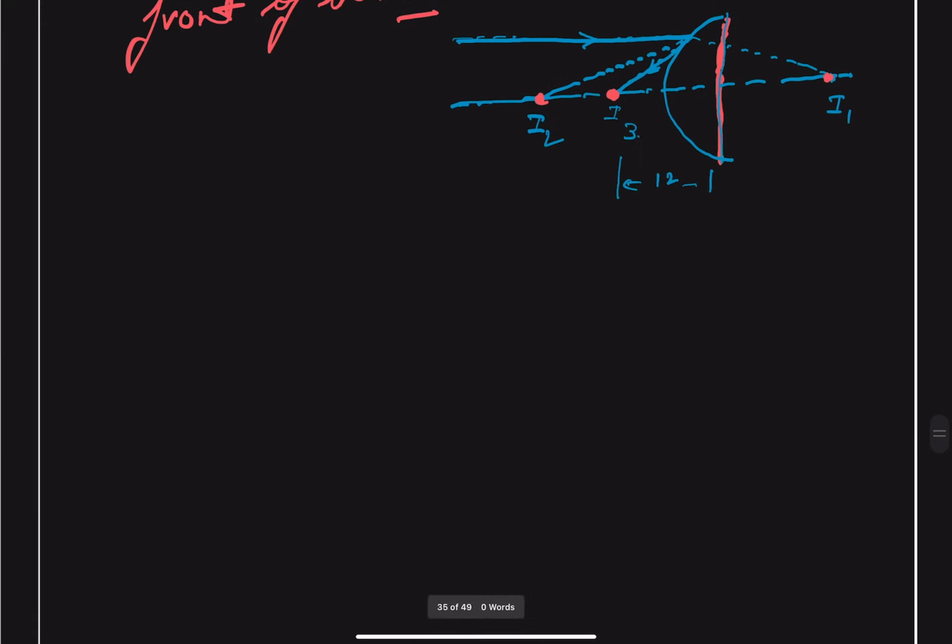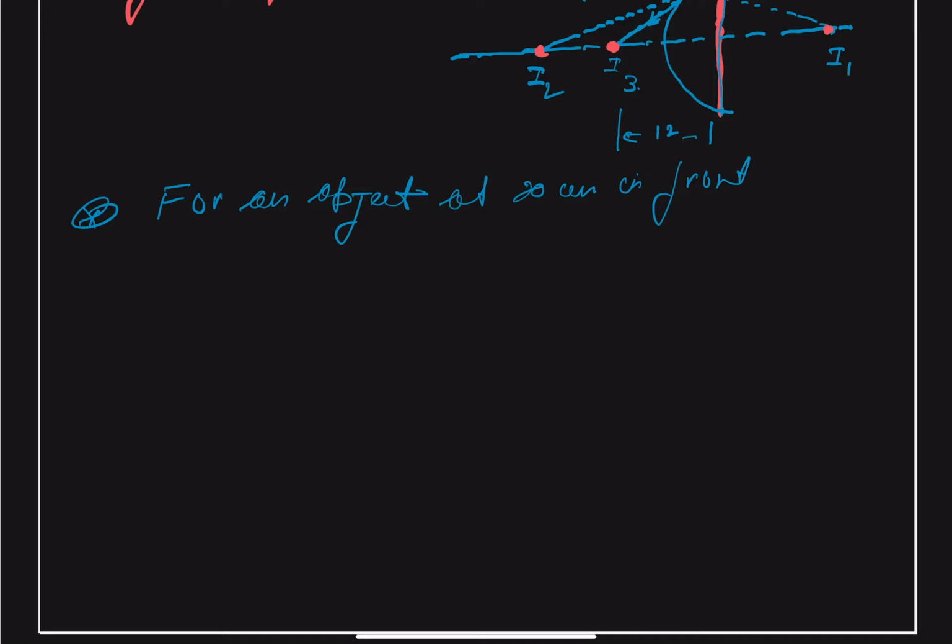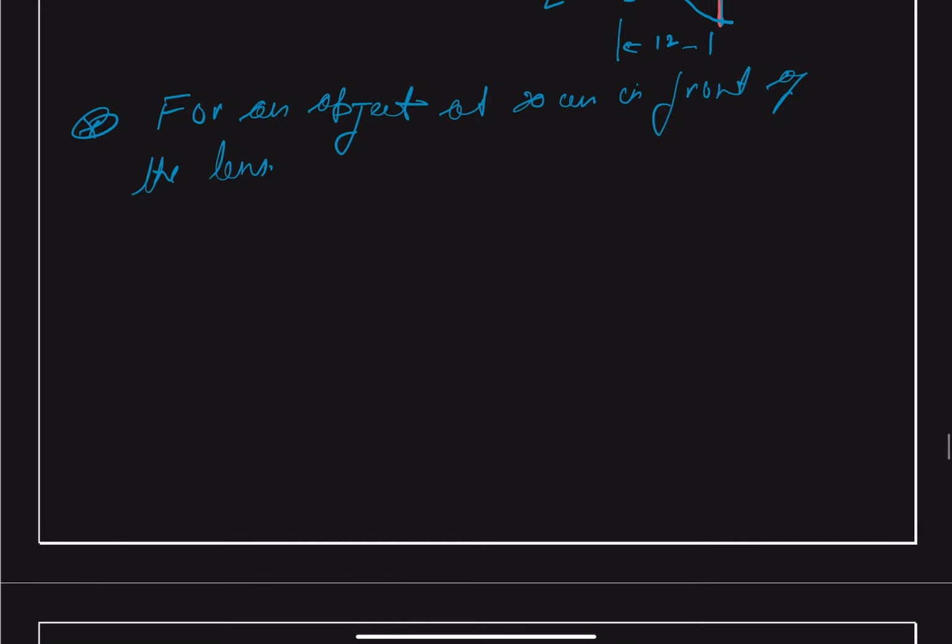So now we come to the next part, which states that for an object at 20 centimeter in front of the lens, so basically u will be minus 20.